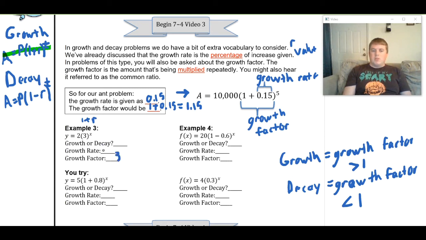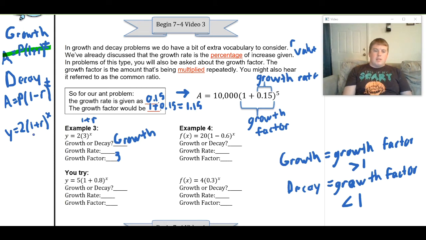What's going to be a little bit trickier is finding the growth rate. Now, this is going to be growth because this is a number that is larger than 1. It is a 3 on the inside. And we know that on the inside of the parentheses, that's really supposed to be 1 plus r. If we were truly setting it up based off the original formula, it was supposed to be something like this.